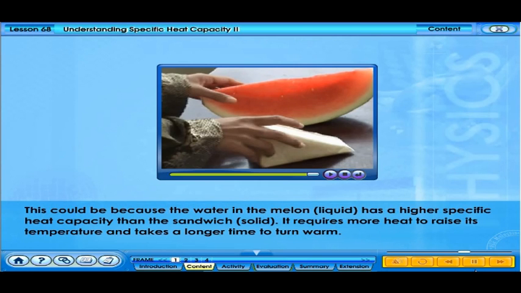This could be because the water in the melon, liquid, has a higher specific heat capacity than the sandwich, solid. It requires more heat to raise its temperature and takes a longer time to turn warm.